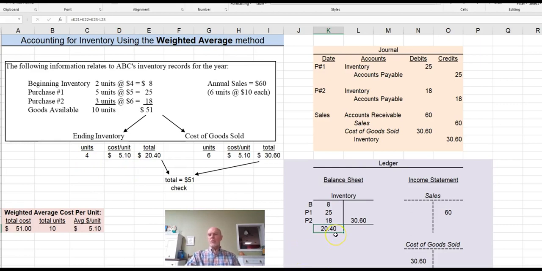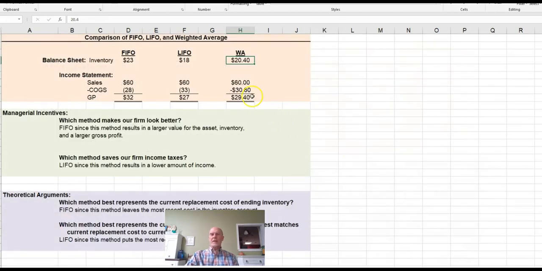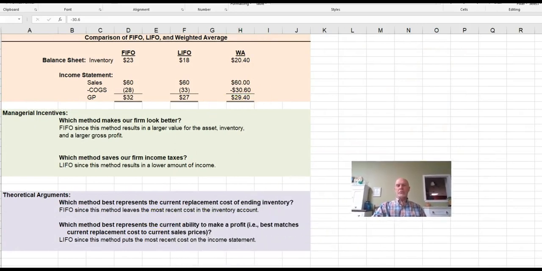So $20.40 is our ending inventory, $30.60 is our cost of goods sold, and that again kind of averages out the results that you would get using FIFO versus LIFO.